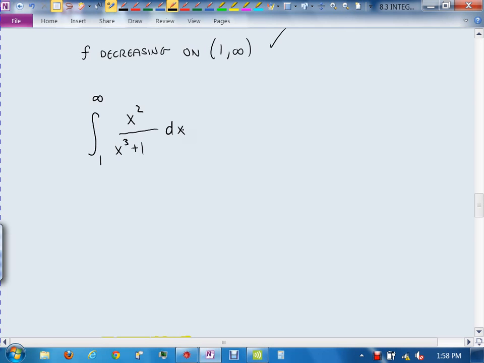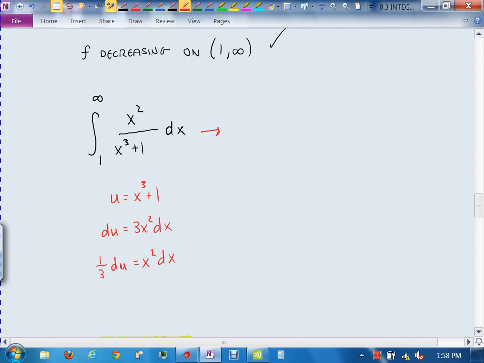I see something in its derivative, right? Almost. u is equal to x cubed plus 1. du is 3x squared dx, which means 1/3 du is x squared dx.